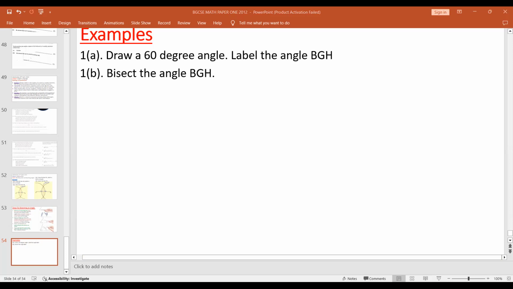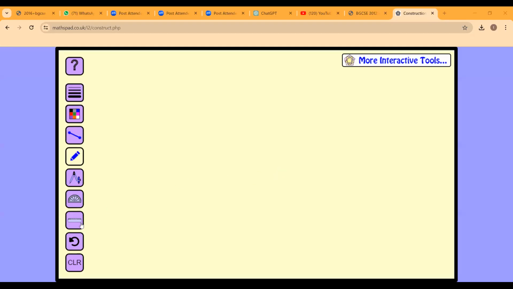Next, let's move on to how to construct it. So let's go ahead and construct this. Let me reset this. Okay, good.